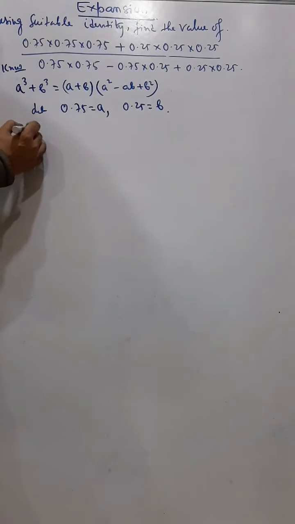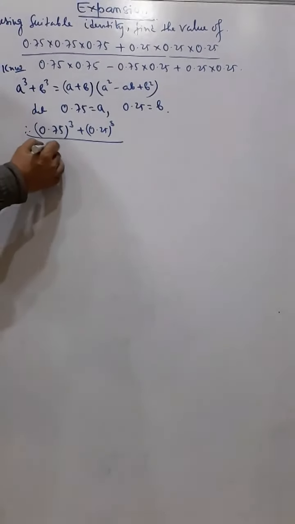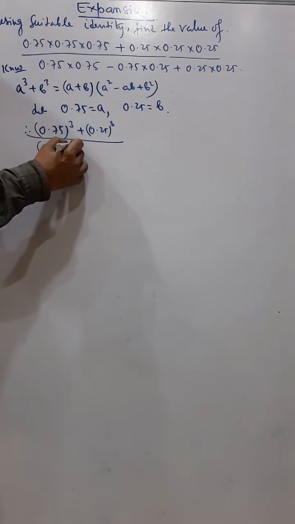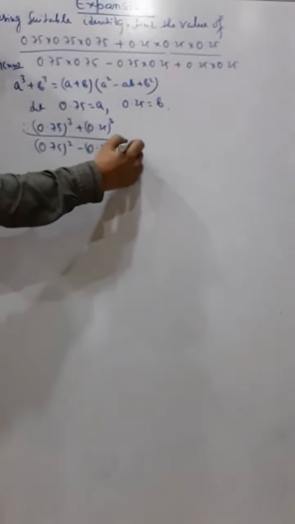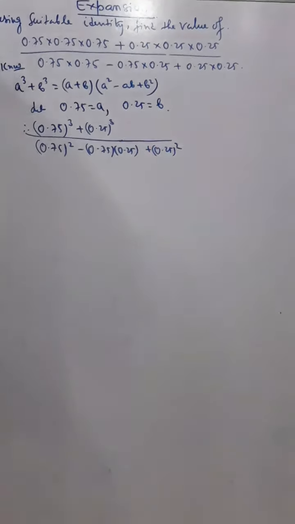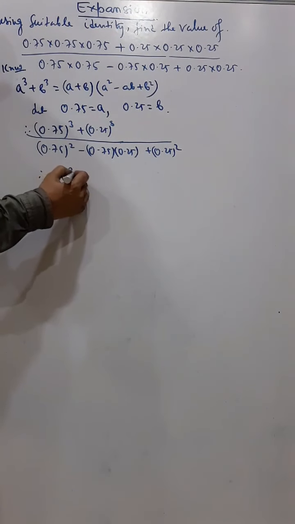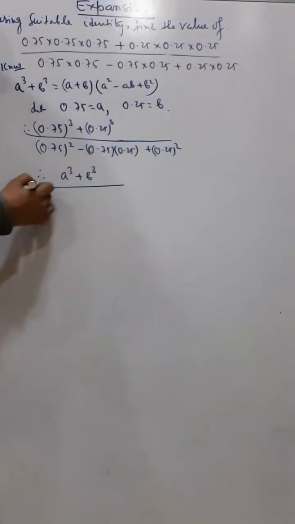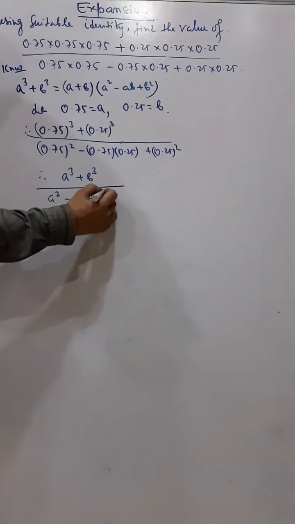So therefore, 0.75 whole cube plus 0.25 whole cube, and then 0.75 square minus 0.75 into 0.25 plus 0.25 square. Now this is a and this is b, so it is a cube plus b cube, and this is a square minus ab plus b square.